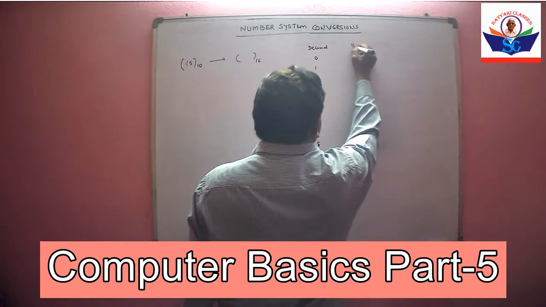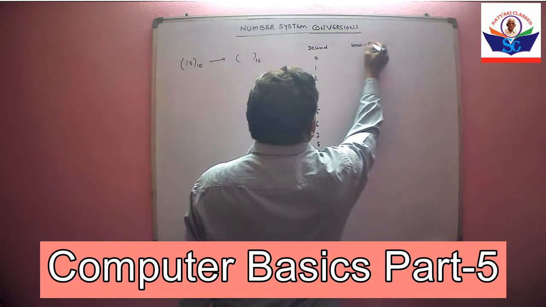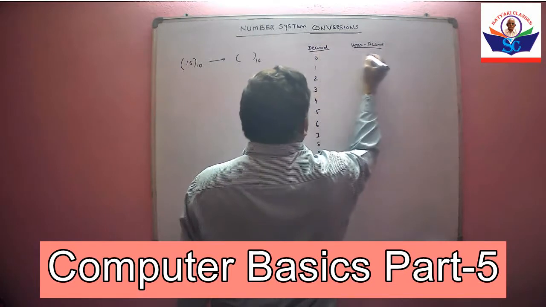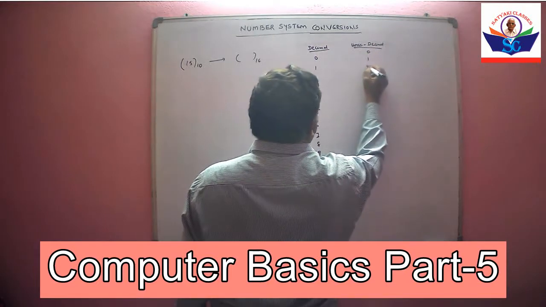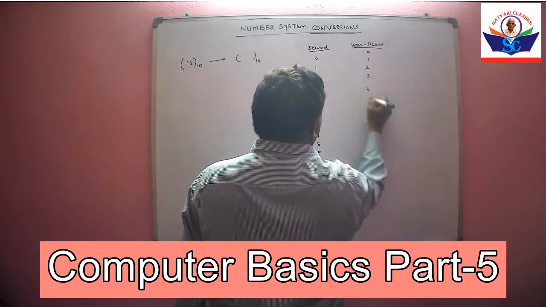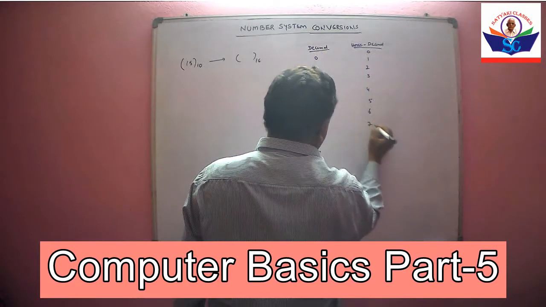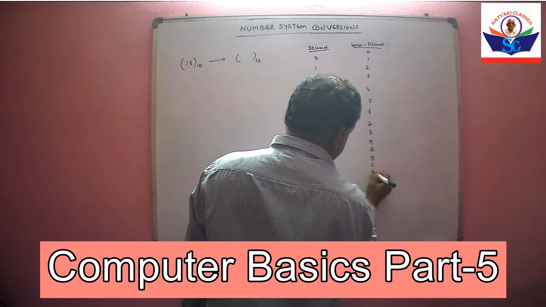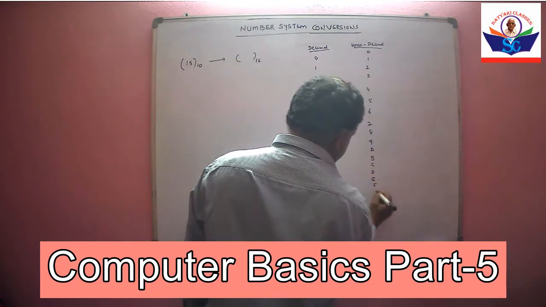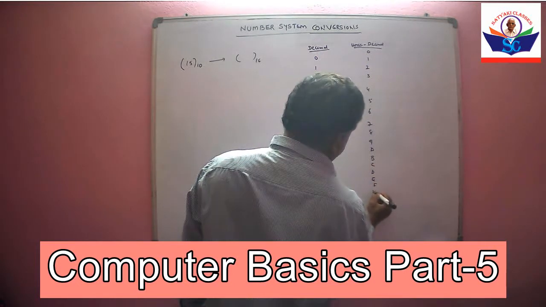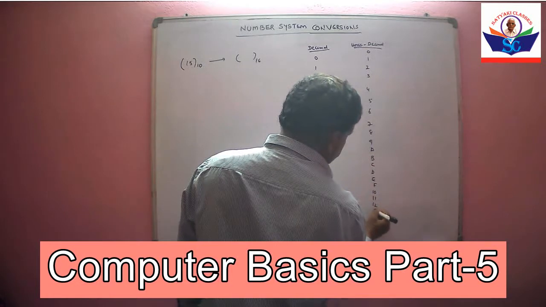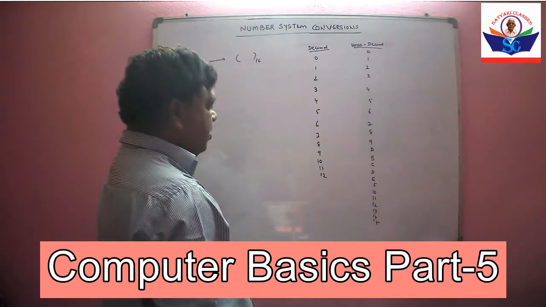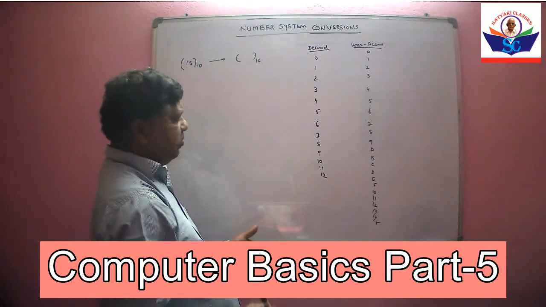In hexadecimal numbers we have a total of 16 digits: 0, 1, 2, 3, 4, 5, 6, 7, 8, 9, A, B, C, D, E, F. Next 10, 11, 12, 13, 14, 15. Like this it will continue.